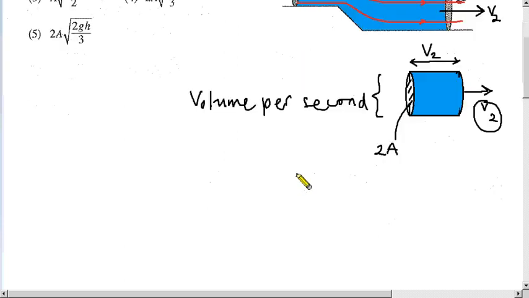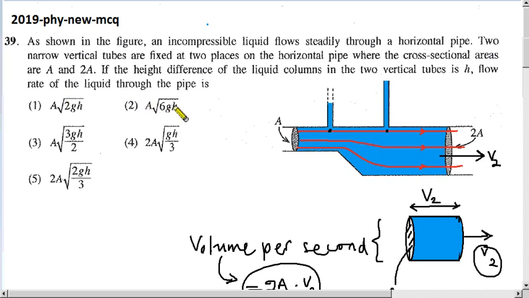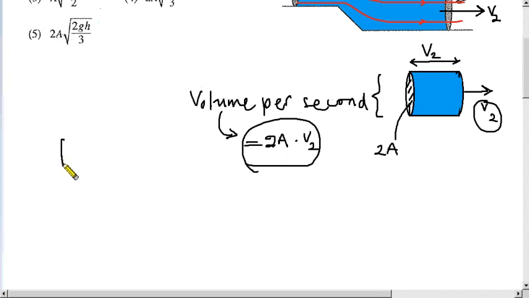So how to find the volume? We need volume per second. To find the volume of a cylinder, we have to multiply the length and the cross-sectional area. So 2A times v2 is this volume per second. This is what they call flow rate.